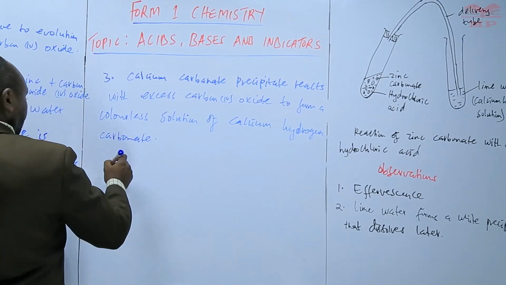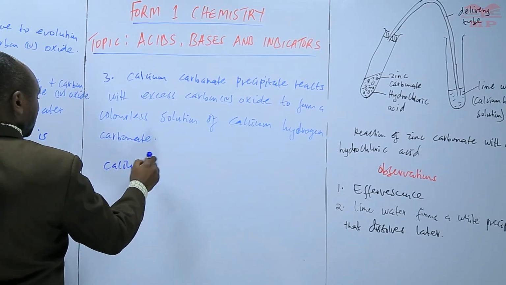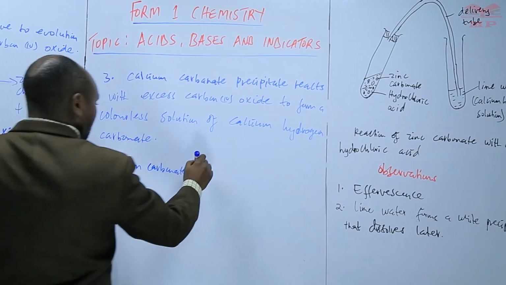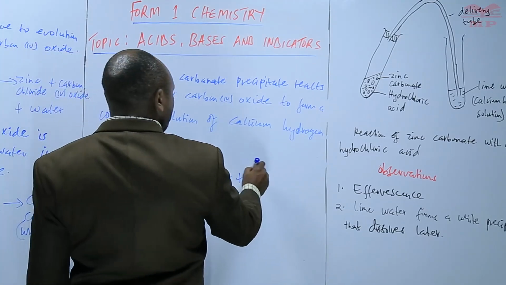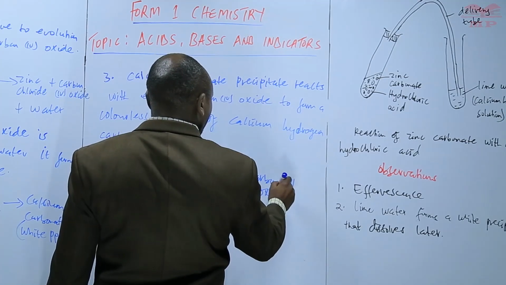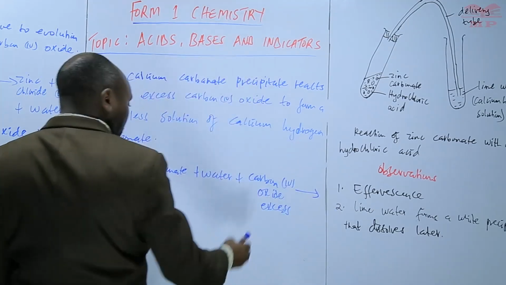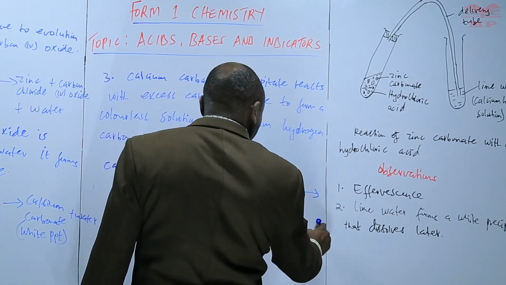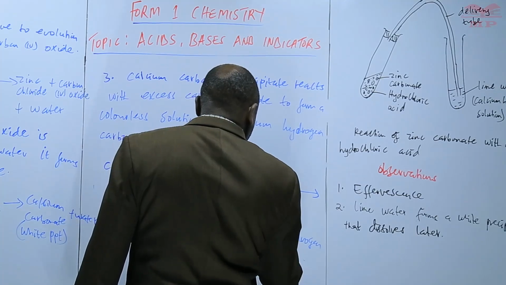So we have this calcium carbonate plus water. Those were the products. Then you add excess carbon 4 oxide. This is now the excess. So we form calcium hydrogen carbonate, which is colorless.